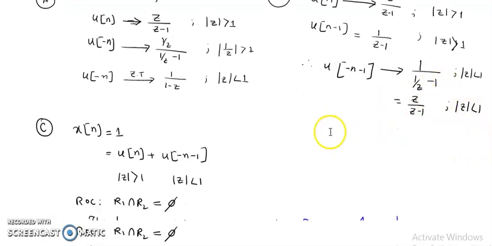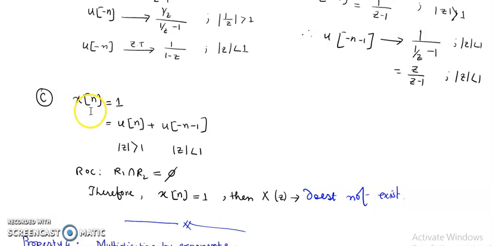Now you can see that if the signal x[n] is a constant 1, then we can write 1 as u[n] plus u[-n-1]. So we can combine these two signals to indicate a constant 1 value. The ROC of u[n] is mod z greater than 1, and the ROC of u[-n-1] is mod z less than 1.